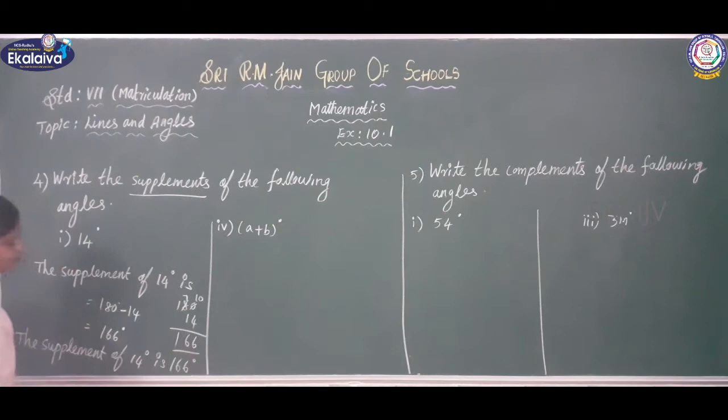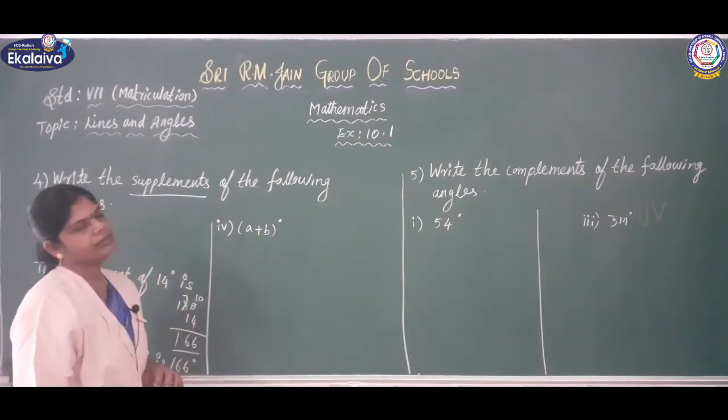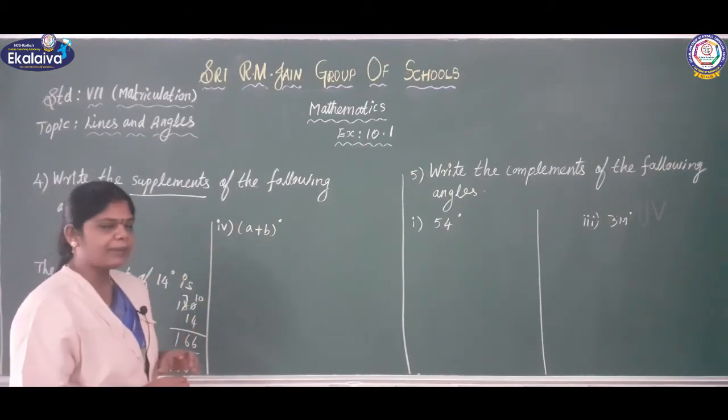Is it clear, children? The next one, A plus B degrees is given. So we need to find the supplementary angle. The supplement of A plus B equals 180 minus (A plus B). So 180, minus into plus is minus A, minus into plus is minus B. So this is the angle.